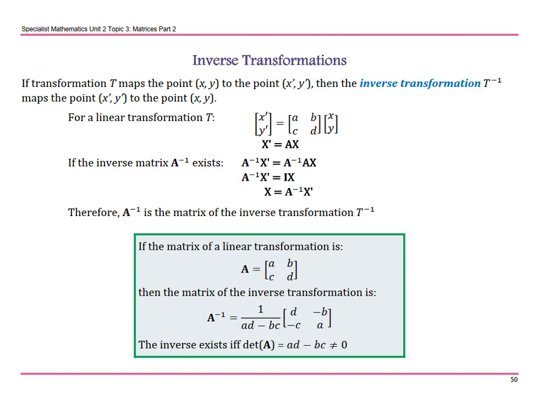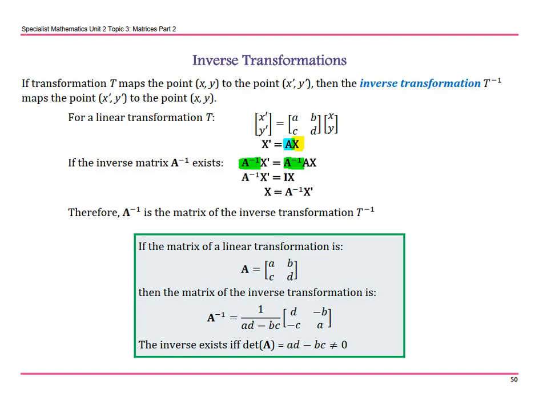Now to get that x on its own, to find out what we started with, we need to get rid of the A. And to get rid of that, if we pre-multiply by the inverse of A, then we'll be left with x. So if we pre-multiply on the right-hand side by the inverse of A, then we need to pre-multiply on the left-hand side by the inverse of A.